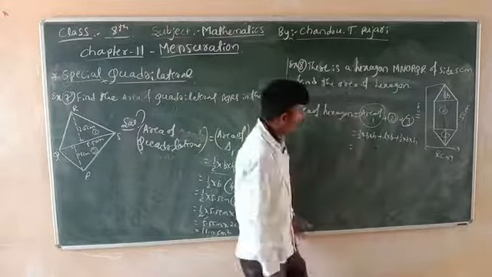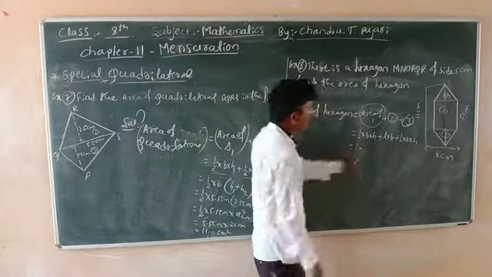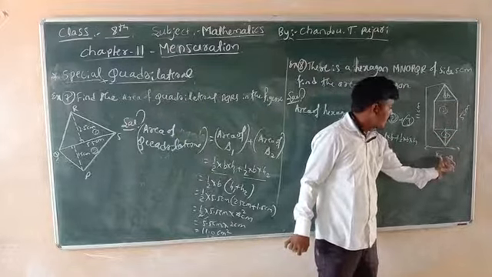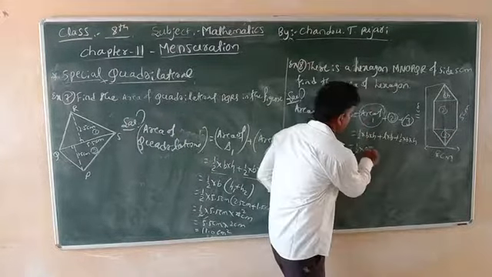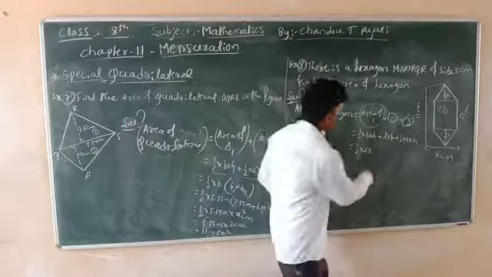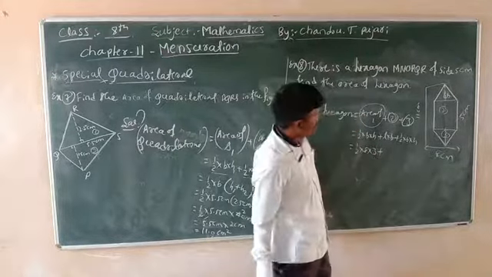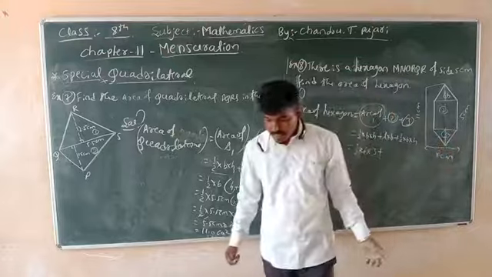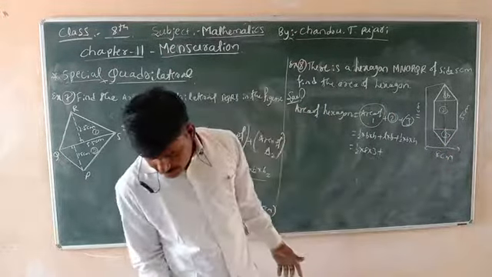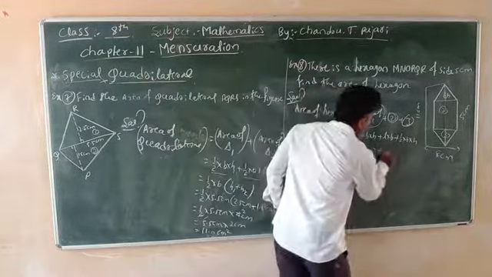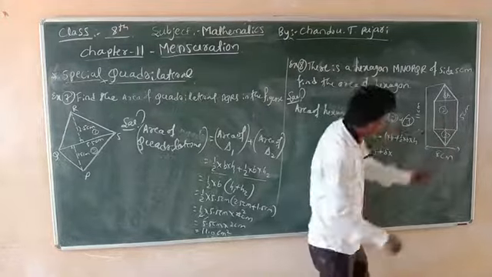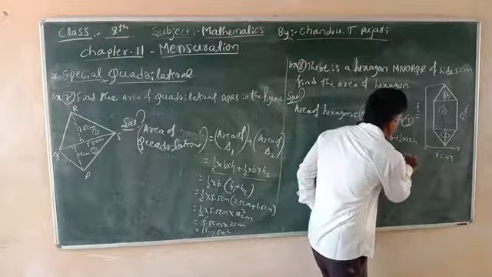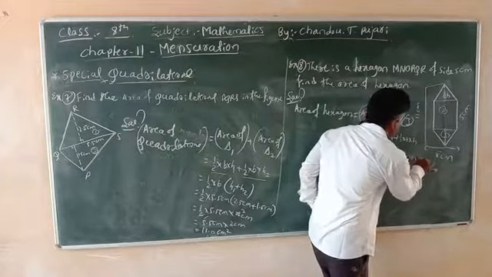Simplification: 1 by 2 into base 8 centimeters into height 3 centimeters, plus length 8 centimeters into breadth 5 centimeters, plus again 1 by 2 into base into height.